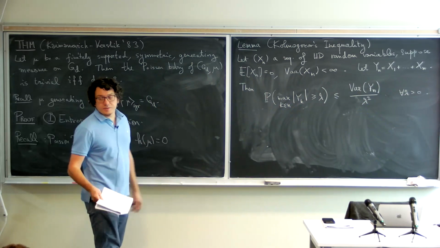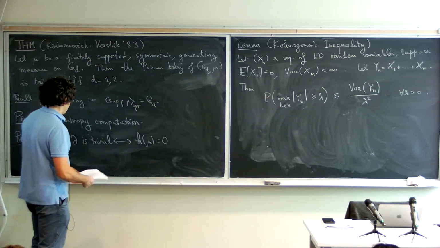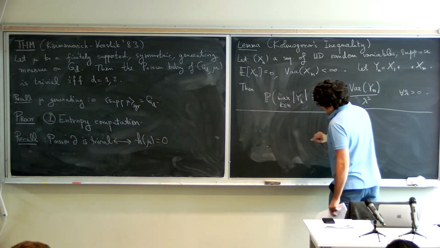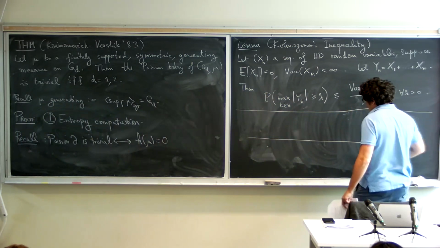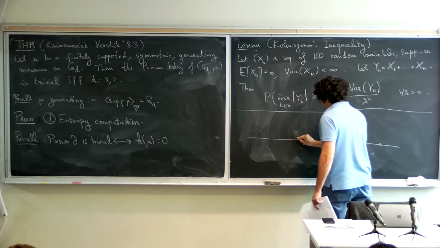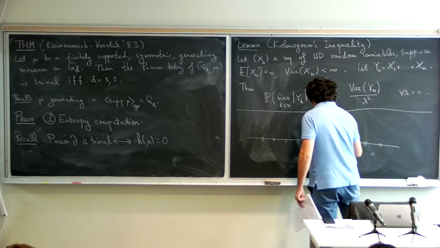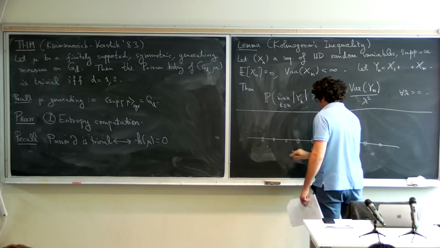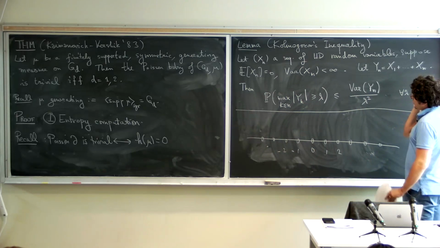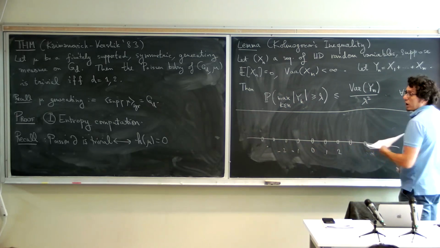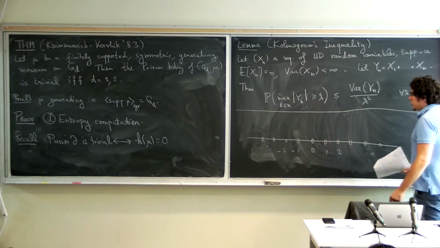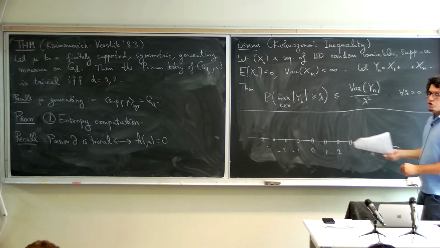So why do we care about this? Because the idea is that we have our lamplighter. So let's look at the computation in one dimension. Most of the time, of course, the random walk on the lattice Z^D will be at distance roughly square root of n from the origin.